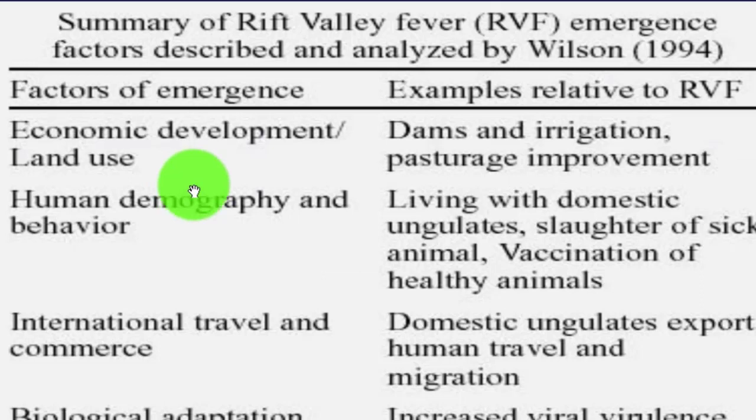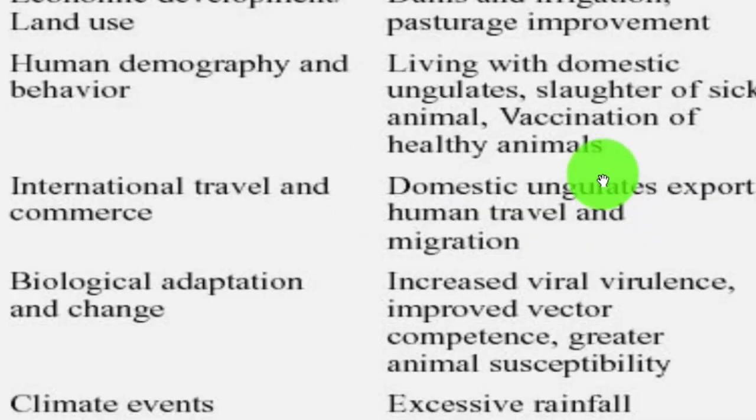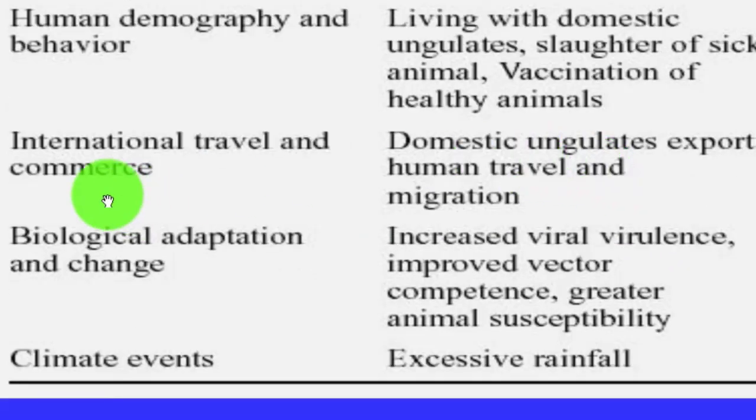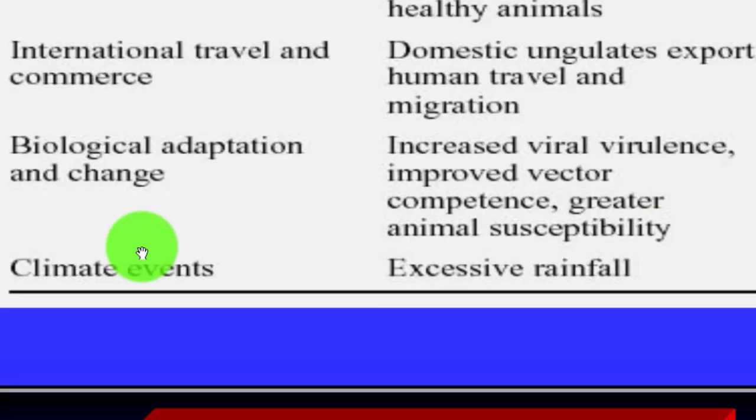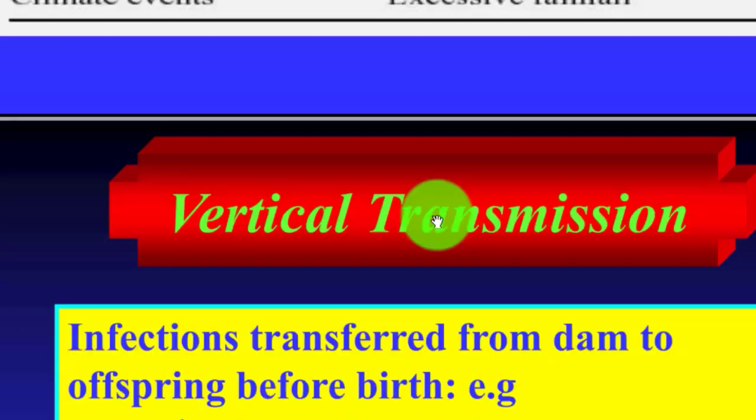Economic development, such as dams and irrigation; human demography and behavior, living with domestic animals, slaughter of sick animals, vaccination of healthy animals; international travel and commerce, domestic ungulate export, human travel and migration; biological adaptation and change, increased viral virulence, improved vector competence, greater animal susceptibility; climate events, excessive rainfall.